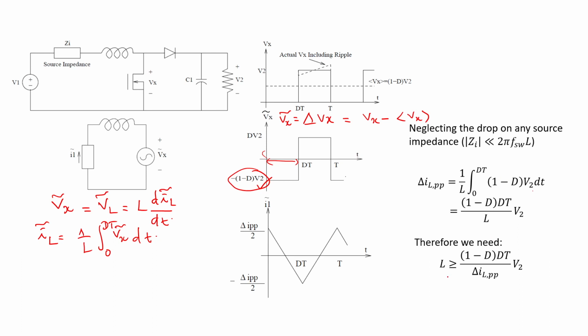Then you can find that L should be greater or equal to this term. Okay, the bigger, the better. If you choose L equal to this, it means the ripple is exactly like this. If you choose bigger L, then the ripple will be smaller, like this. Okay, which is better.